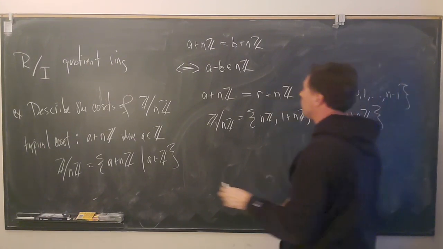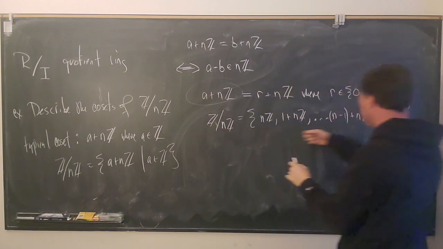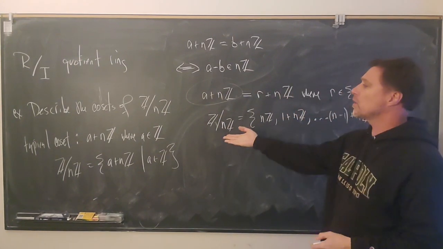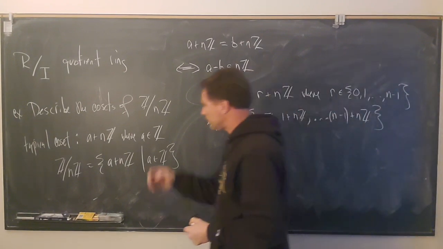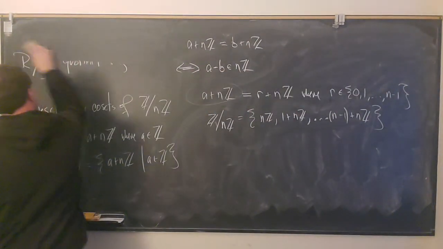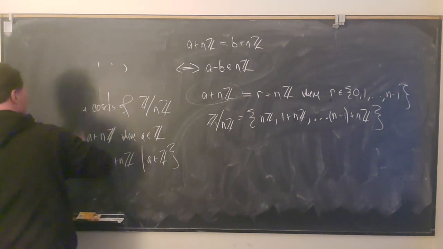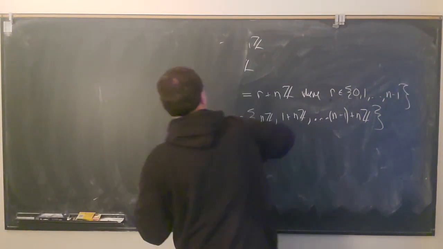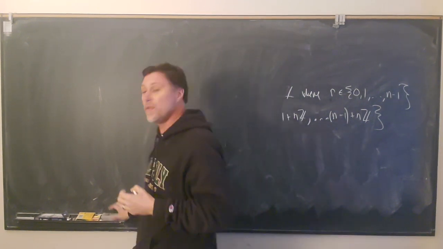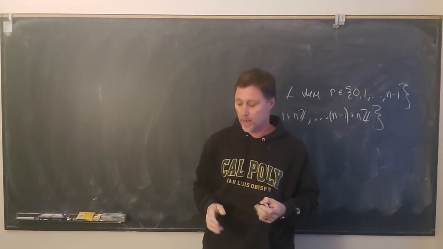Every single coset of this form is equal to one of the cosets on the list. So here's a good description of the cosets of Z mod nZ. And that's what I want to do: get our hands dirty. We're going to look at various quotients and try to get a sense for who this quotient ring is.